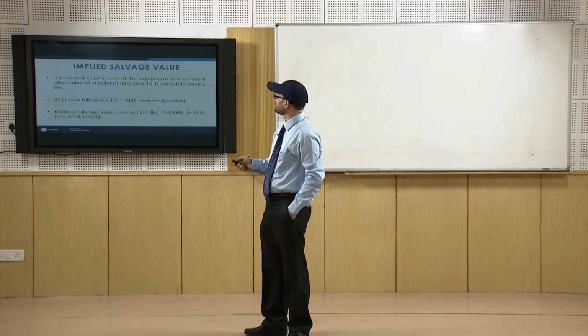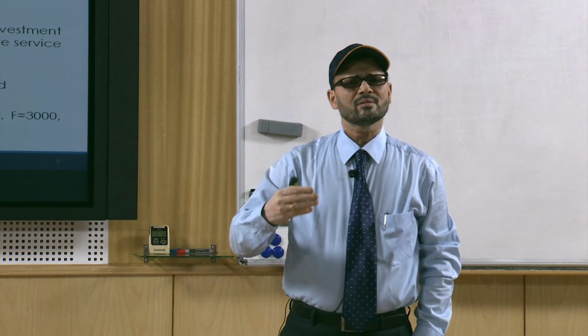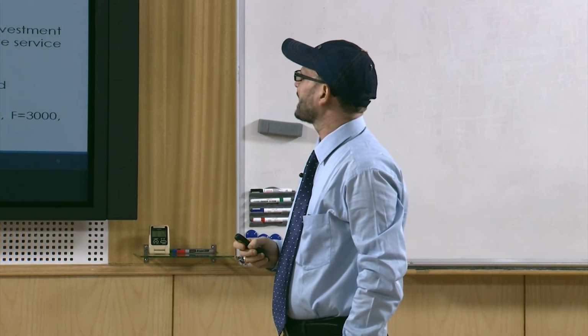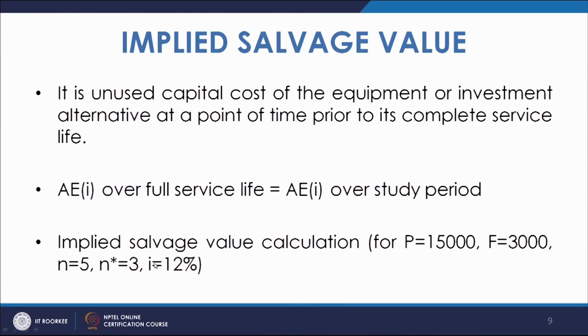Now, we will discuss implied salvage value. What we will be discussing is how this implied salvage value is calculated. It is the unused capital cost of the equipment or investment alternative at a point of time prior to its complete service life.